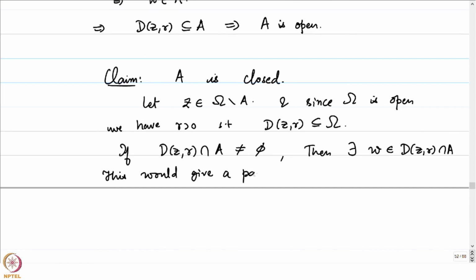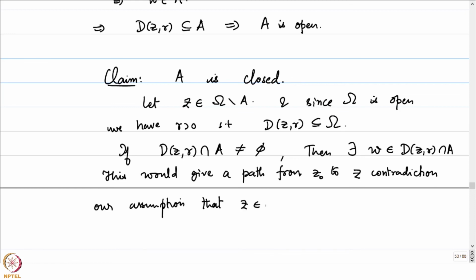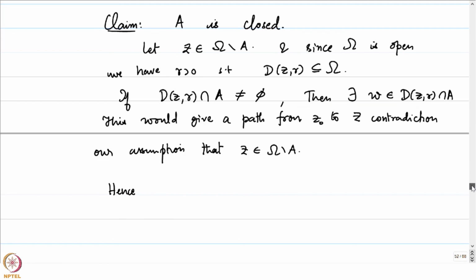This would give a path from z0 to z, contradicting our assumption that z is in omega minus A, and therefore the assumption has to be wrong.